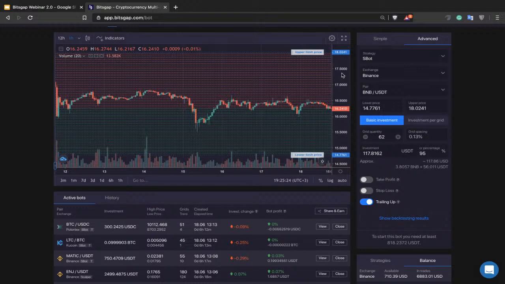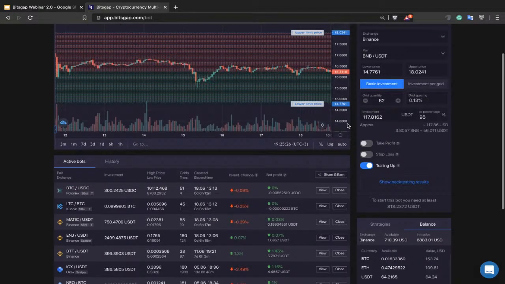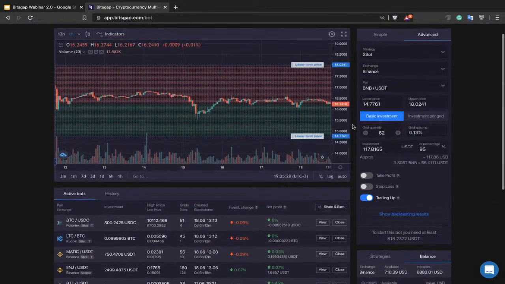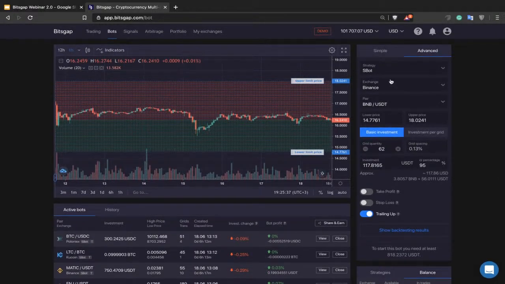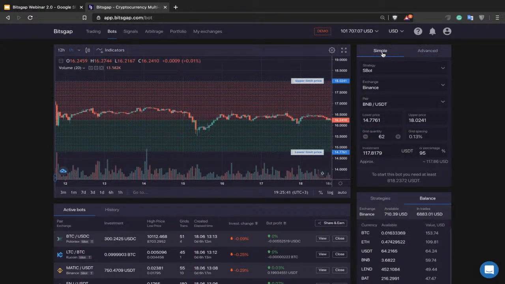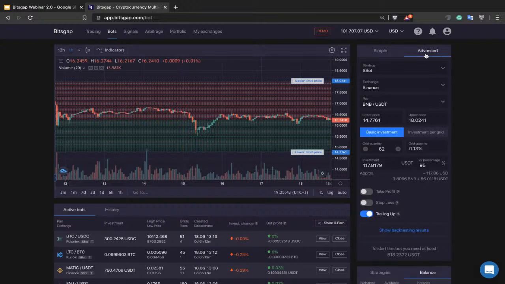So that varies with the exchange. And I will show you later how this varies with exchanges. But for now, let's initiate using the simple. No, actually, let's use the advanced. That's the most optimal one to launch our first bot.